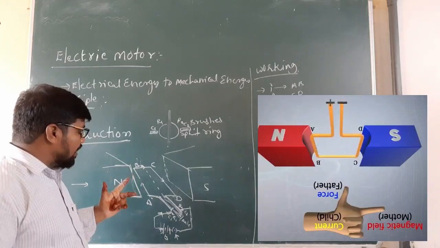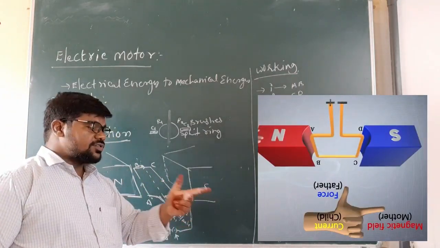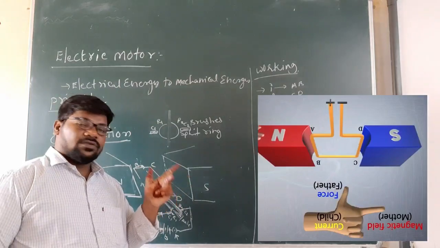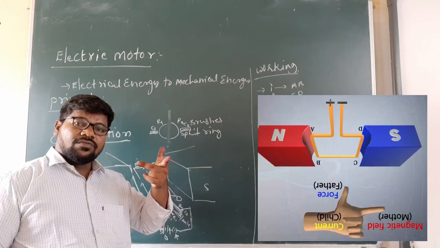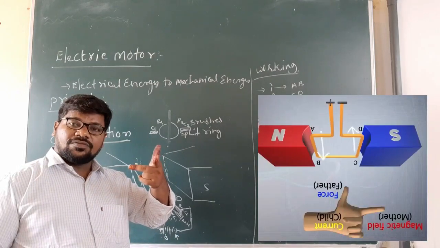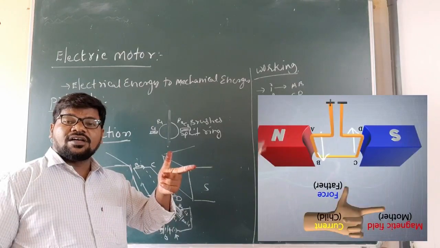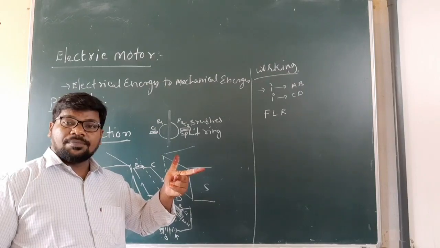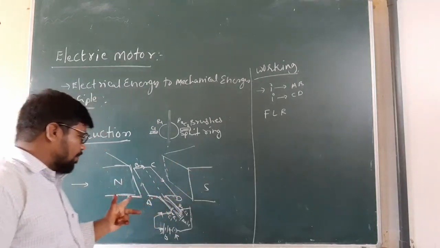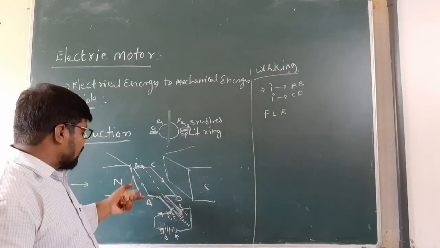By Fleming's left hand rule, the middle finger gives the direction of current, the forefinger the direction of magnetic field, and the thumb the direction of force, when these are perpendicular to each other. Here we apply it at AB.